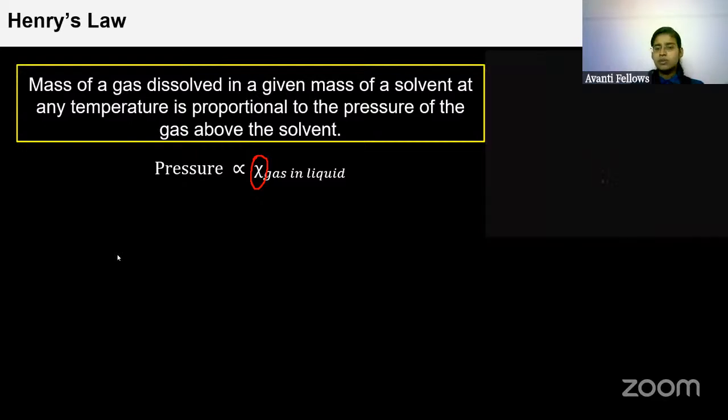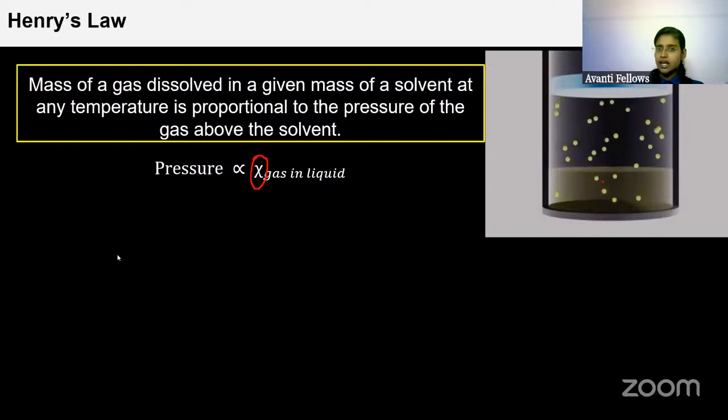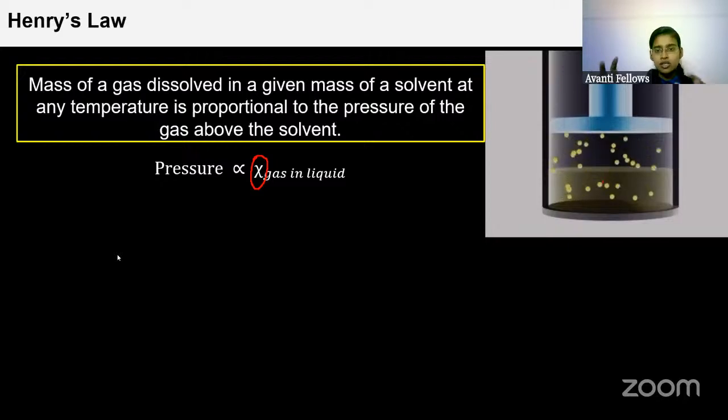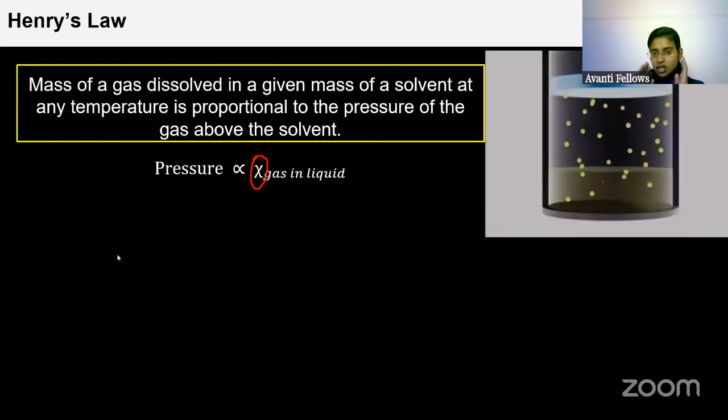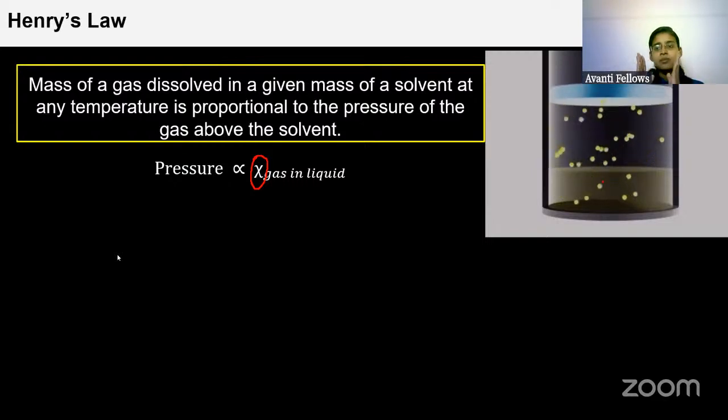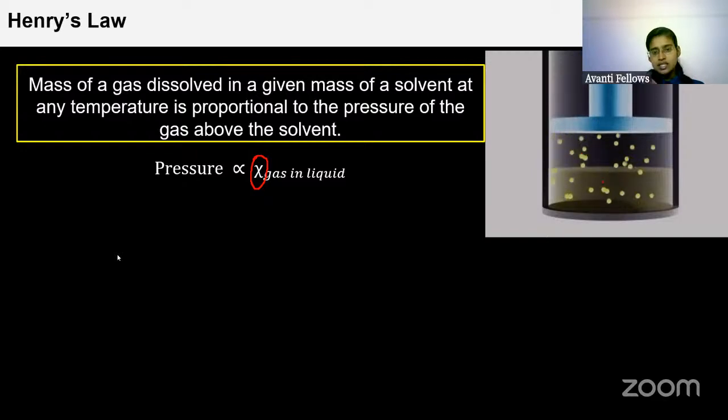Those things will be discussed later; in your next year, you will get to know those things. For now, just keep in mind that Henry's law states that pressure is directly proportional to the mole fraction of the gas in the liquid.